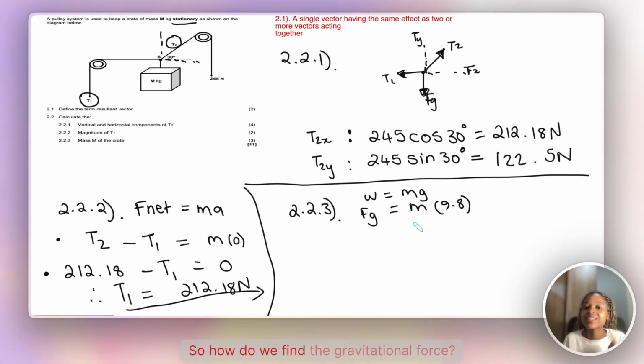So how do we find the gravitational force? Remember that the gravitational force is usually the same as the normal force, okay? So here, our normal force is vertical. So what can we use? We're not given our normal force, and in order to calculate our gravitational force, we need our mass. So you can find the normal force by, in this case, the normal force will be equal to the gravitational force, but we don't have it.